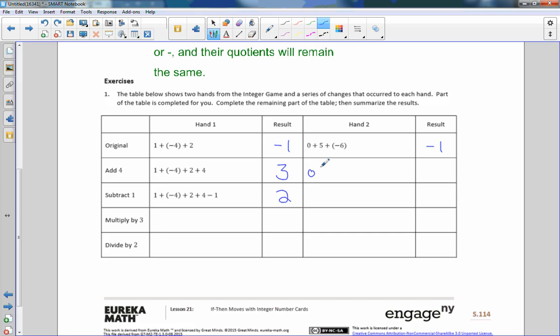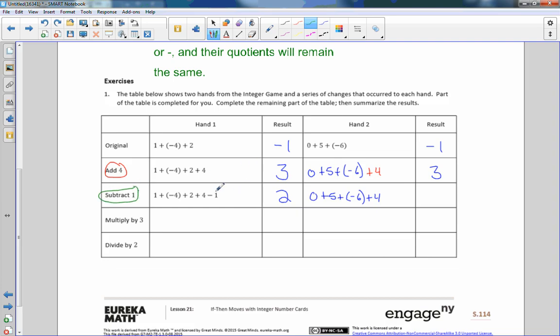So I'm going to take this 0 plus 5 plus a -6, and I'm going to do this operation here. I'm going to add 4, and that will result in 3. I'm also going to write 0 plus 5 plus -6 plus 4, and I'm going to subtract 1.